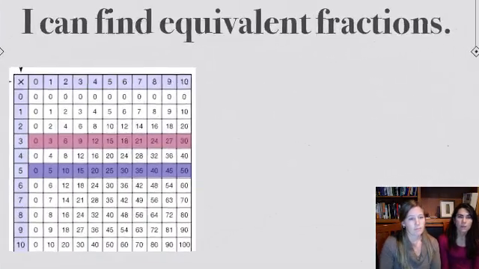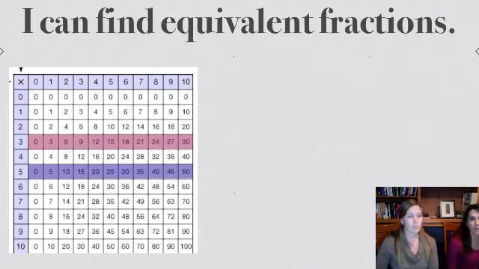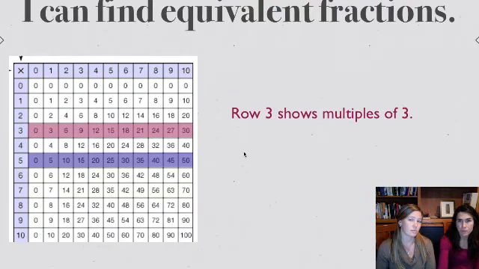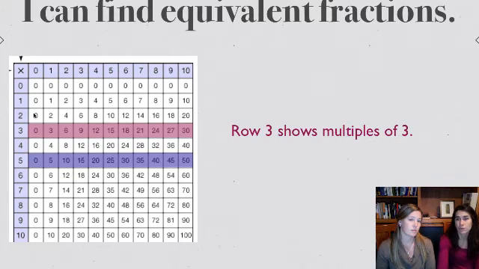All right, just another way to think about equivalent fractions. If you have a multiplication table, you're going to notice that if we look just going across this row of 3 here, row 3 actually shows multiples of 3. We're just skip counting 3, 6, 9, 12, and so on, all the way down the row.